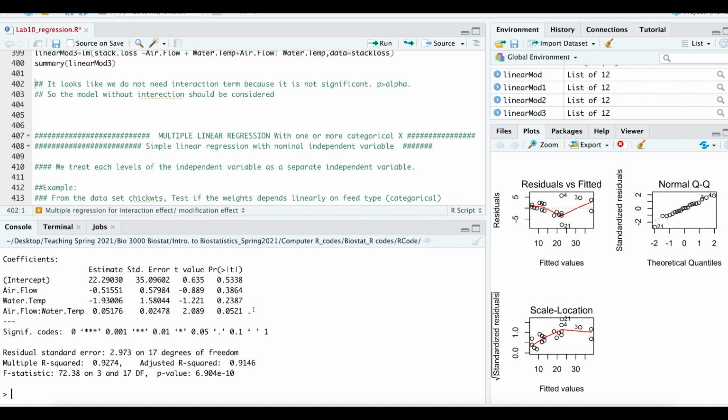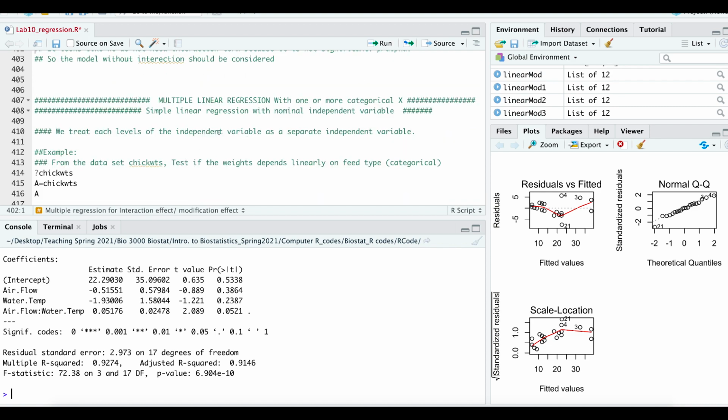But before you do the linear regression, you can plot and get some idea from the plot as well. Okay guys, let us see that.